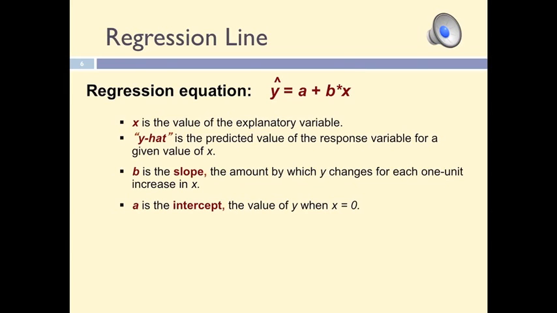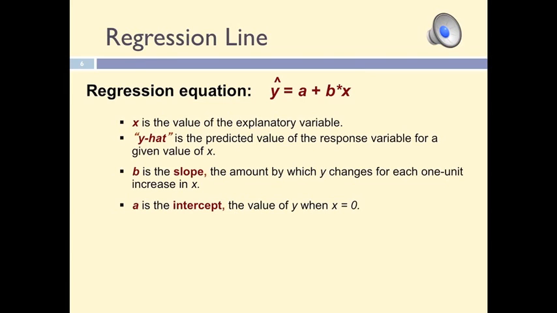One of them is the value of the explanatory variable, which in our example was the student's GPA, and we use a lowercase x to represent this variable. We also need two other pieces of information that are typically provided by statistical software. One of them is called the intercept, which is a constant and represents the value of the response variable when the explanatory variable is equal to 0.